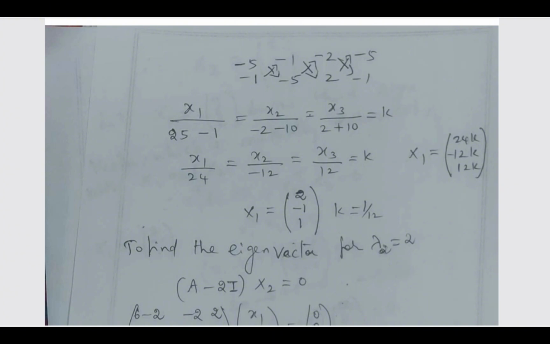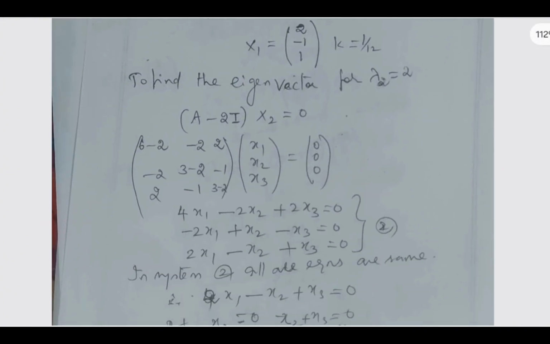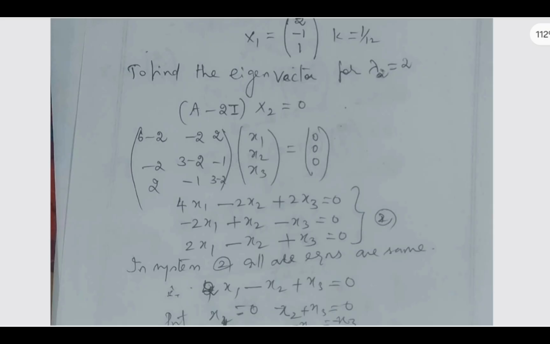Now we are going to analyze the same eigenvalues, that is lambda 2 equal to 2. For that case, as usual, first you find the equations. Along the diagonal I subtracted 2. So you got these equations: 4x1 minus 2x2 plus 2x3 equal to 0, 2x1 minus x2 plus x3 equal to 0, and 2x1 minus x2 plus x3 is equal to 0. If you observe, all three equations are the same.